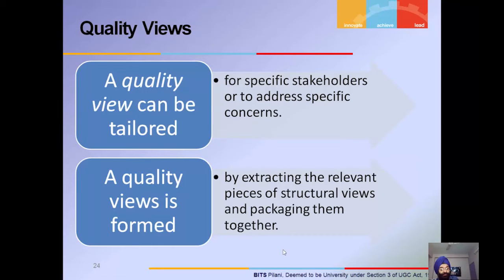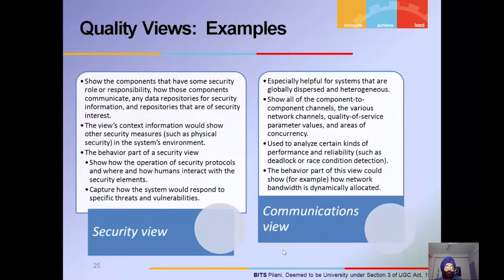So you would vary your quality views according to the stakeholders. You can create quality views by extracting relevant pieces from structural views and packaging them together to demonstrate how certain quality attributes are being handled by various components of your system.